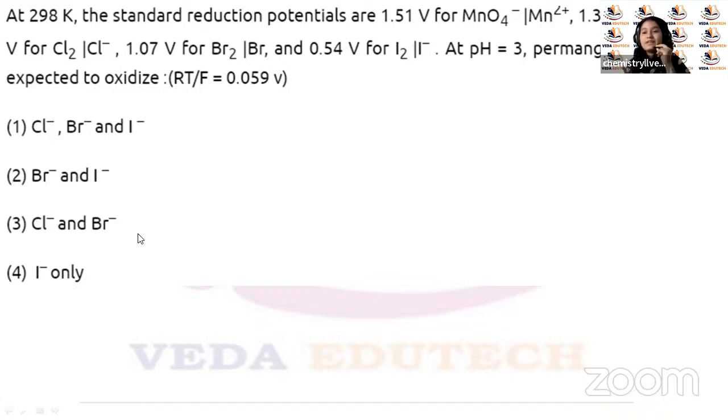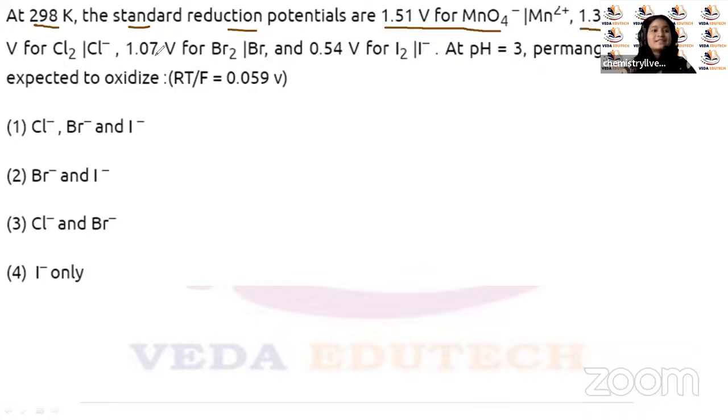Okay, children, let us begin. What is being given here? At 298 Kelvin, the standard reduction potentials are 1.51 volt for MnO4 minus. That is the E naught value being given to you. Yes. And what is given to you?